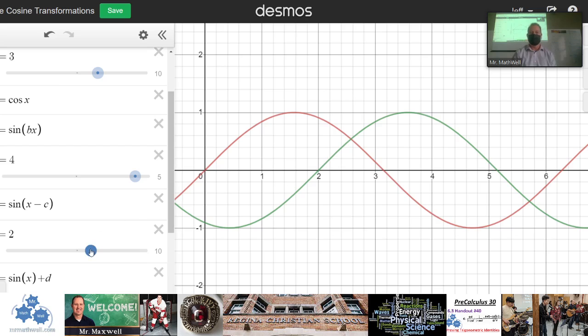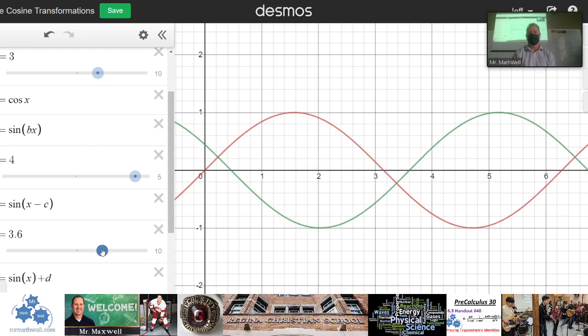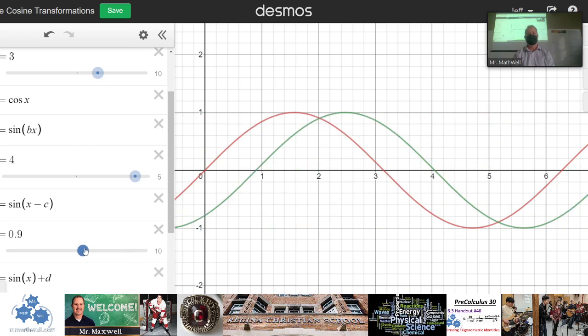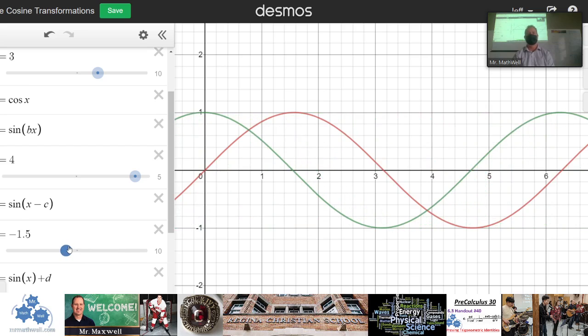Now, here's something interesting. If I were to shift this graph far enough, I could get this looking a lot like a what? Cosine graph. Oh, okay. Cosine graph. So let's back this up. This one's pretty close too, right? There's a cosine graph. So this c value here, negative 1.5 or so.